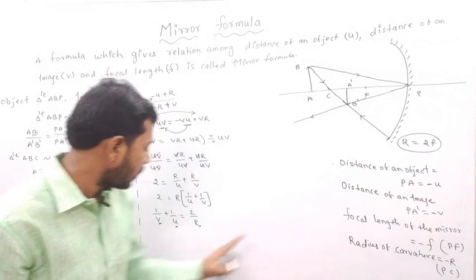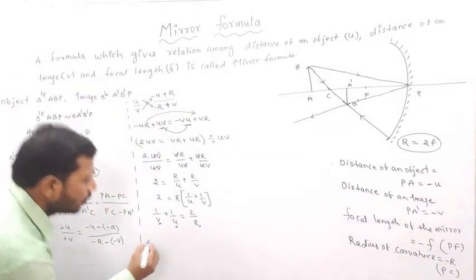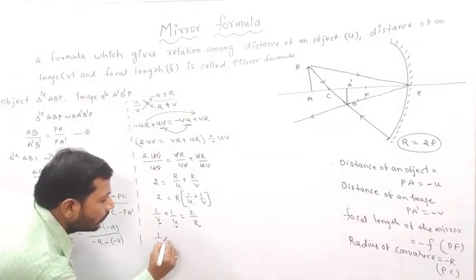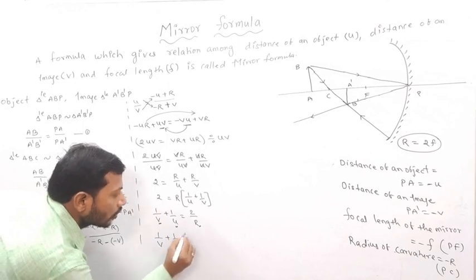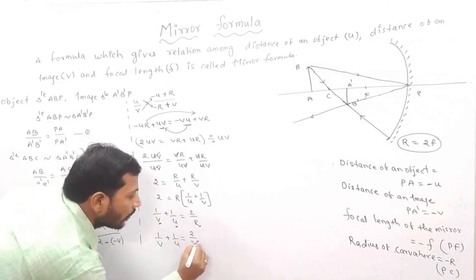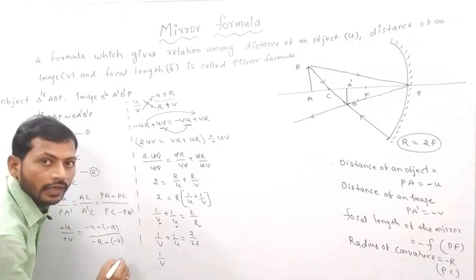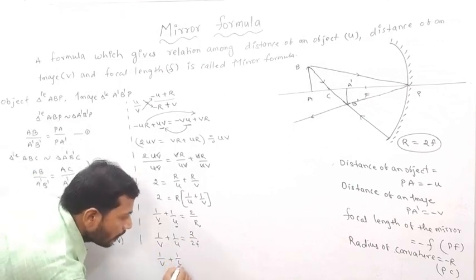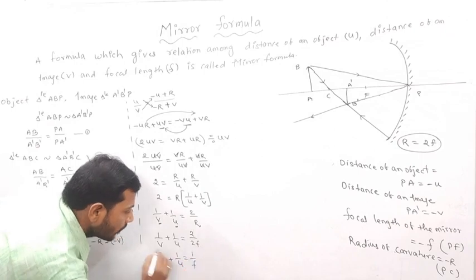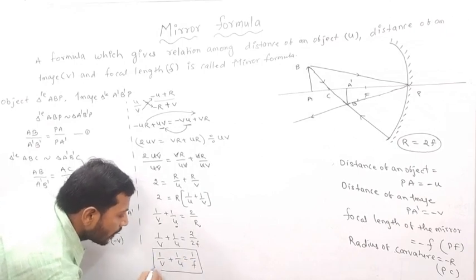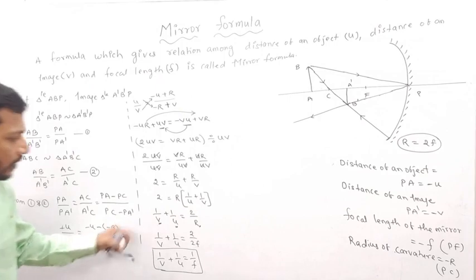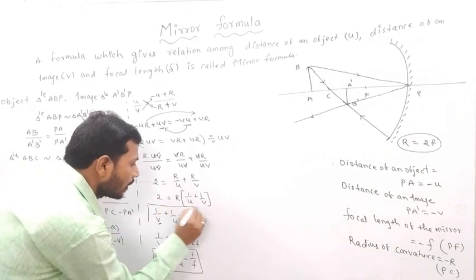Then if you write R equal to 2F in this equation, you are going to get 1 by V plus 1 by U equals 2 by 2F. The 2 can be cancelled, children. You are going to get 1 by V plus 1 by U equals 1 by F. This is finally the mirror formula.